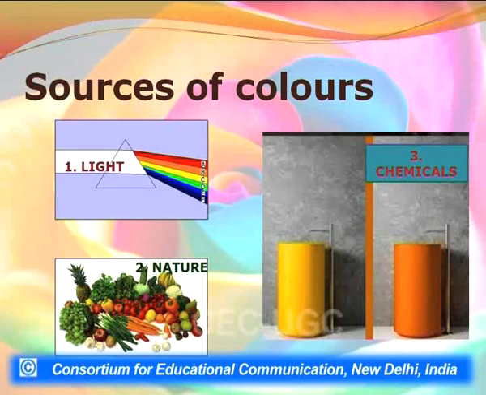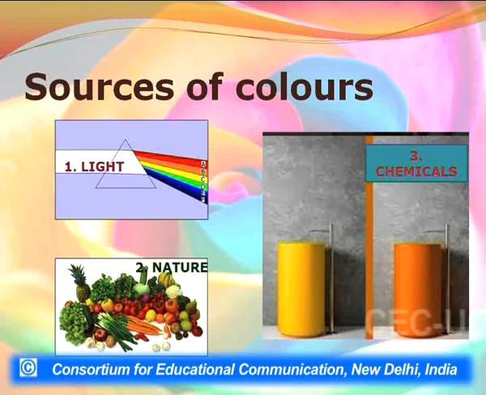The second source is nature. You will find so many colorful things in nature: green vegetables, colorful fruits, colorful birds, colorful plants, flowers. At times we prepare natural dyes out of these natural products, and these natural dyes are very pleasing and good for skin.